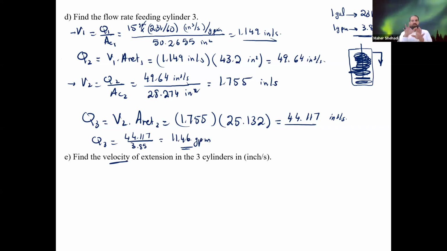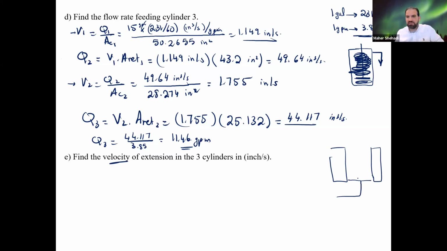Usually the question would directly ask you to find the velocity in a specific cylinder. So they won't ask for the flow rate, but that's the process, especially for series. In parallel, we don't have this process. It's only the flow rate, but I need to know how it splits between the two cylinders, because you have the pump coming here and it provides multiple cylinders.